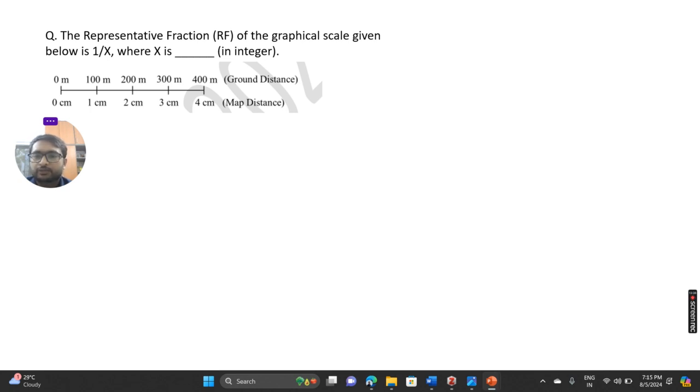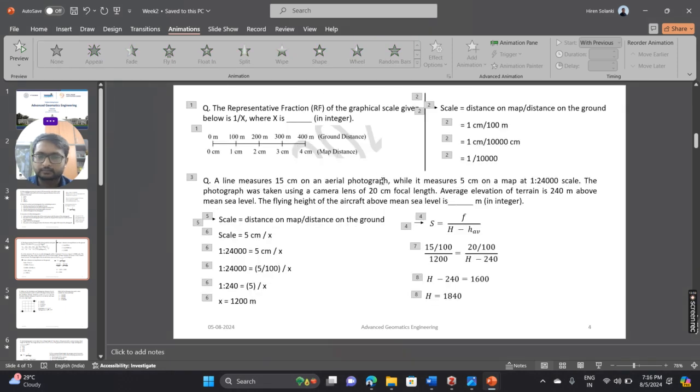Use the formula of scale, also known as the representative fraction, and then try to solve this question. Basically the scale is the distance on the map divided by the distance on the ground. Sir, 1 upon 10,000.